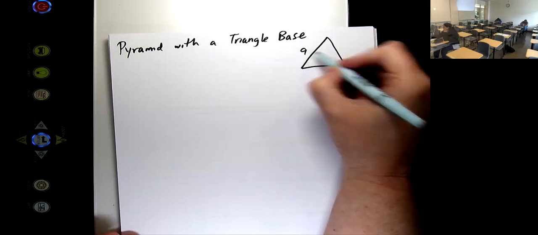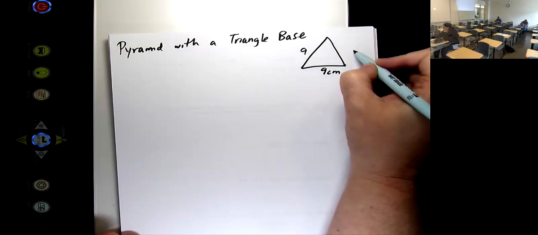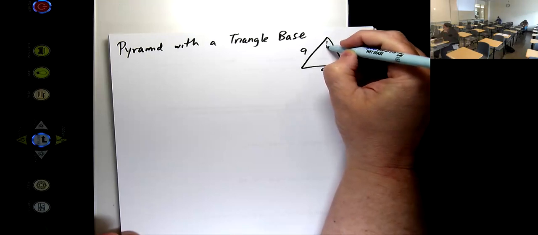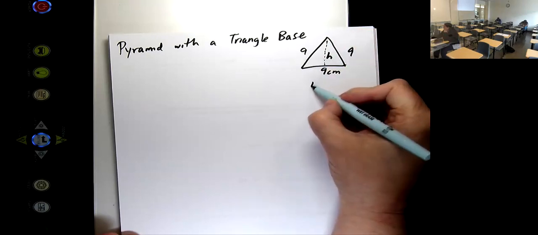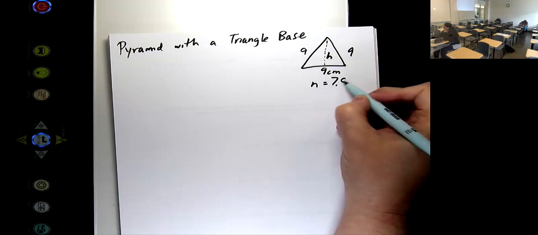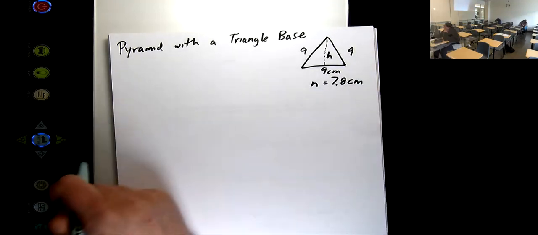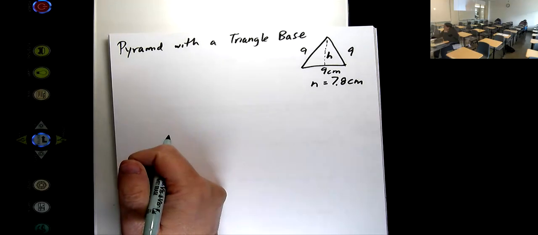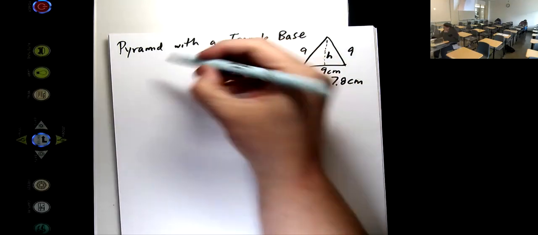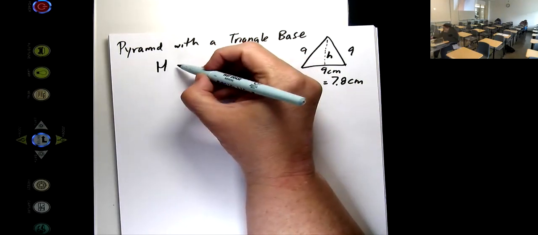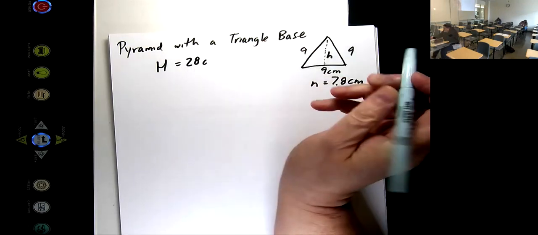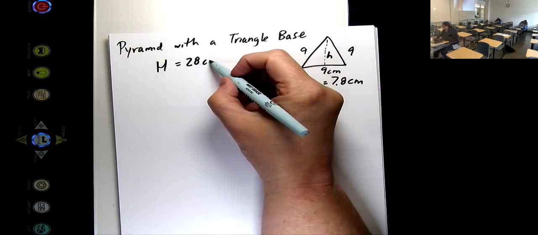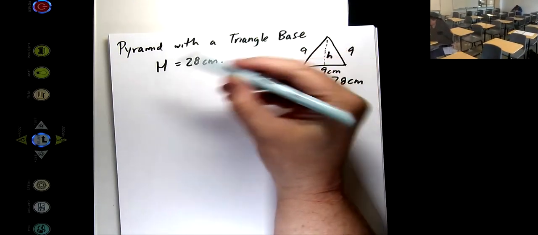It's 9 centimeters on the side, and H right there is 7.8 centimeters. The height of the pyramid is 28 centimeters. Find the volume.